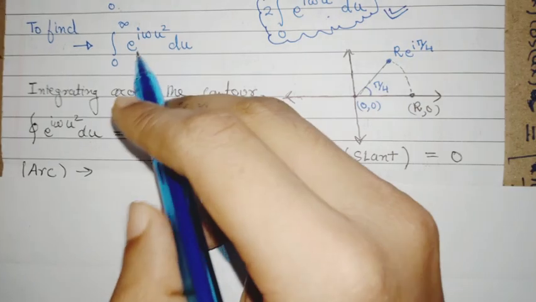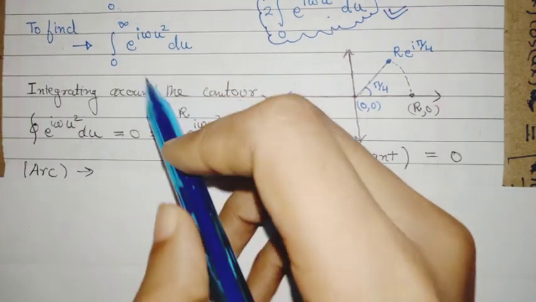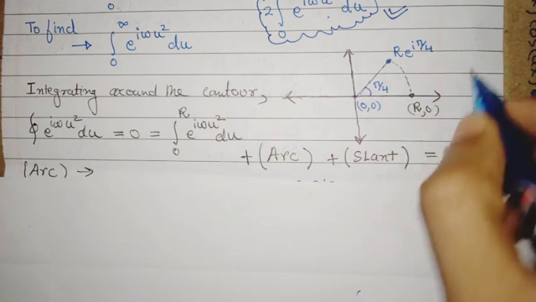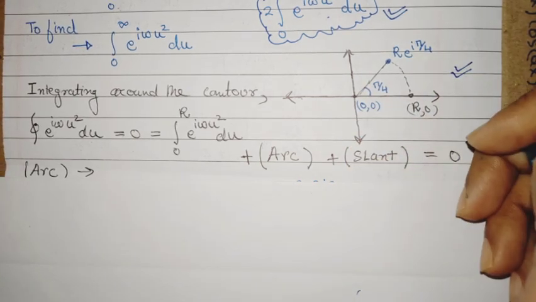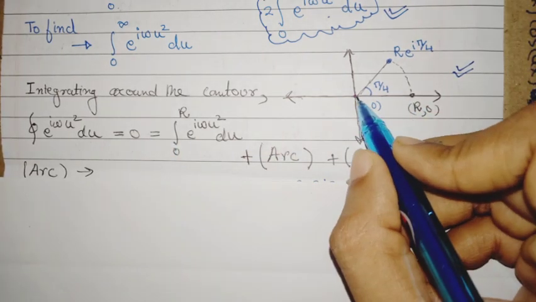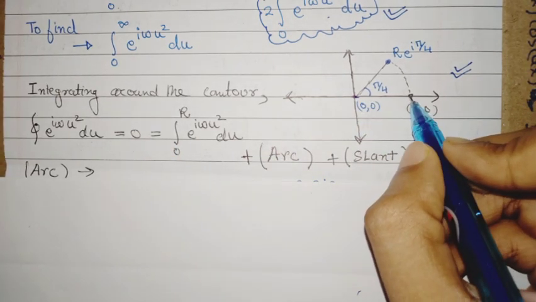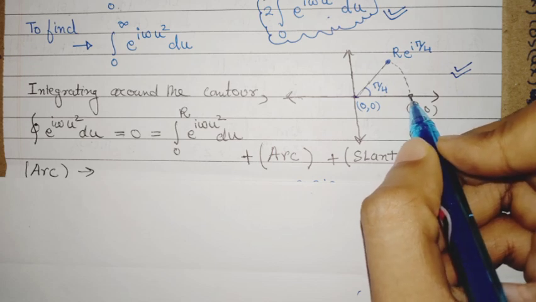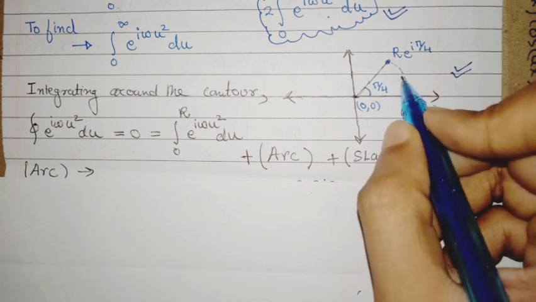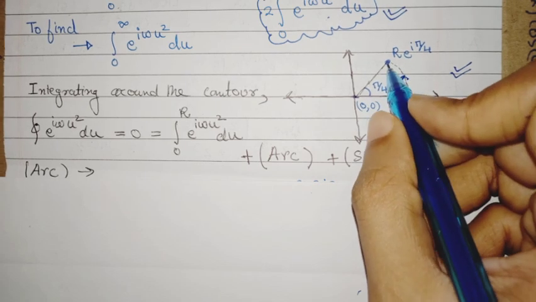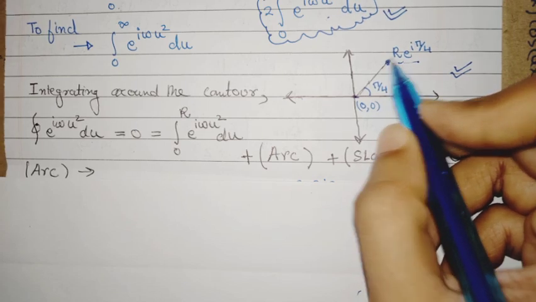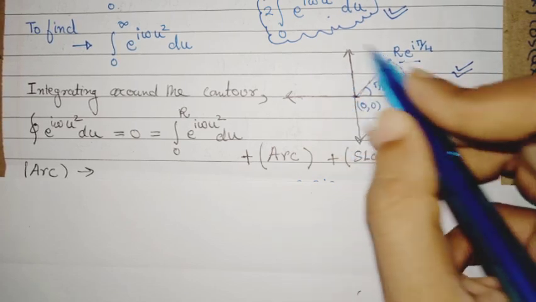Finding this integral requires contour integration by integrating along this contour. This is a very useful contour. It is useful in many places. It is the pi by 4 contour, you see. So the point is, I will start from here. I will go a distance r, which will be set to infinity later on. I will move along this arc, then I will reach the point r e^(i pi/4), because this is a complex plane.